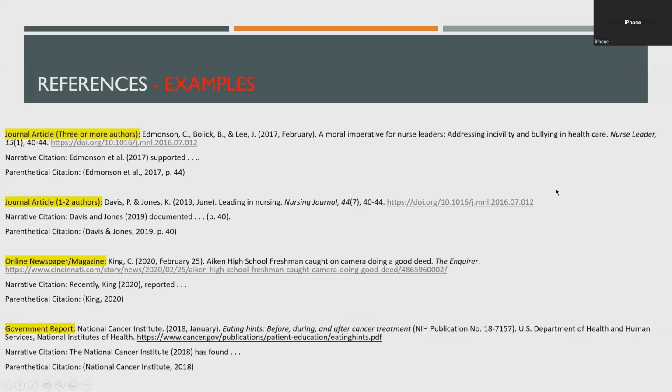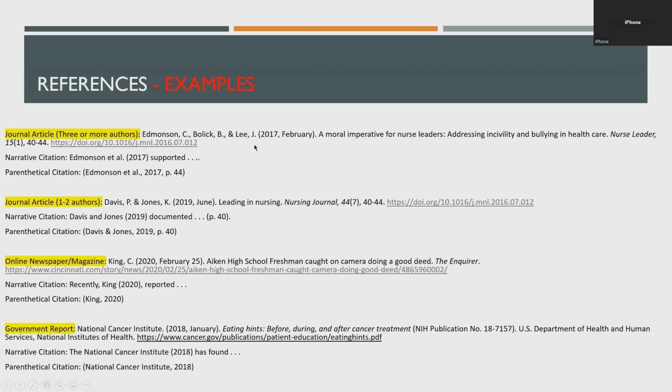So I don't know if it would be the best use of our time for me to read through every single thing here. What I'm going to do is highlight this for you. And if you want to, you can take a picture or you can do a screenshot. We also have this information in our library, and there are lots of websites online that can show you how to do this. But this is how you cite a journal article if there are 3 or more authors.